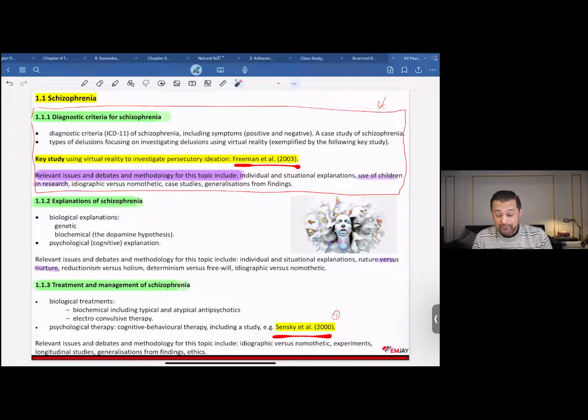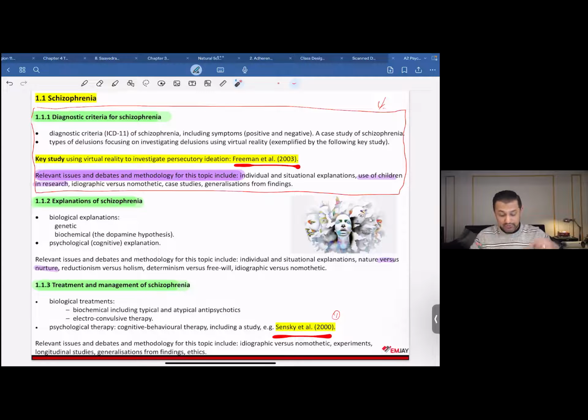And if you've prepared 4 evaluative points for each section, I don't think you stand any chance of missing out on any mark when you come across that 10-mark question. And remember, you don't come across just one of these 10-mark questions. You come across a 10-mark question from clinical psychology as well as health psychology.